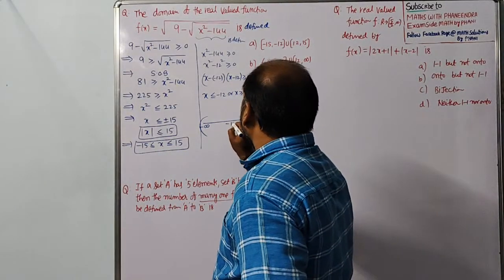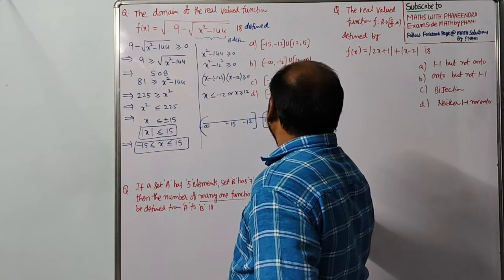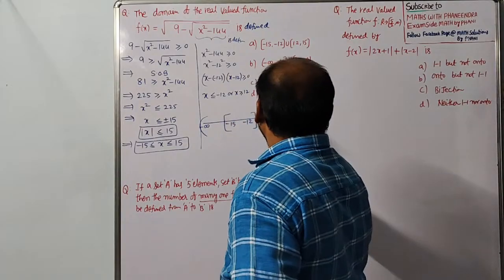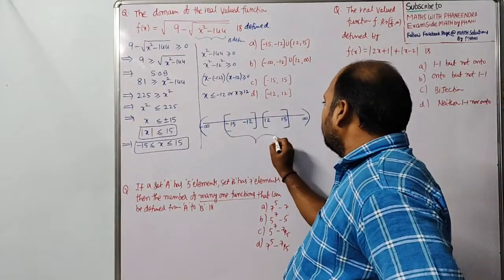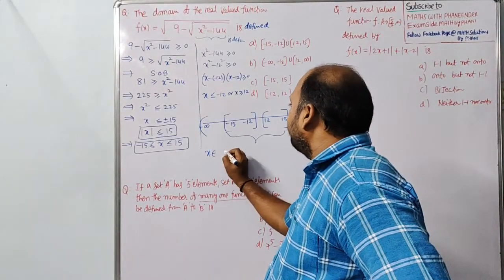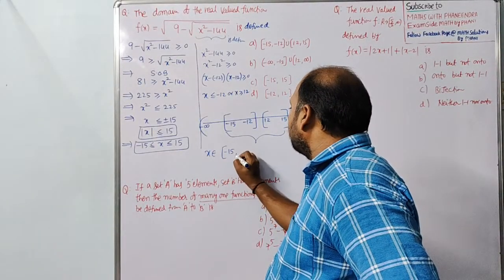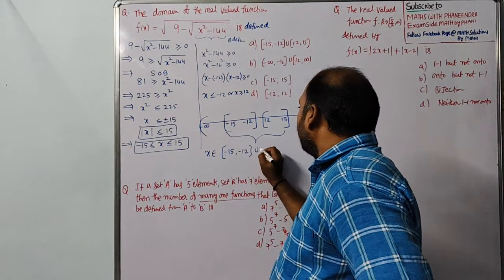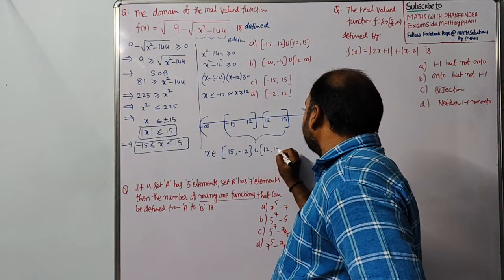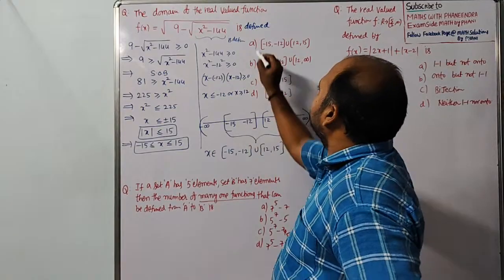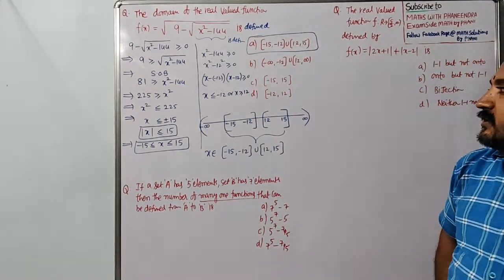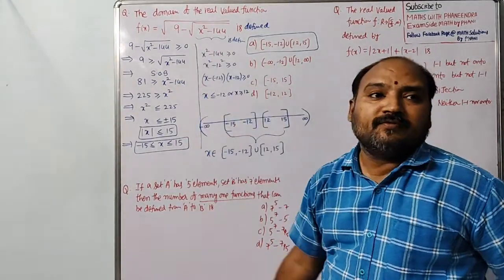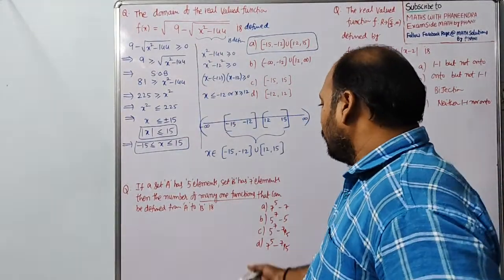So minus 15 will be here, plus 15 will be here. So what is the common interval? This is the common interval. So x belongs to closed minus 15 comma minus 12 union closed 12 to closed 15. This is the required domain. It is there in the first option. Yes, please. In this interval the function will be defined. Otherwise cannot be.